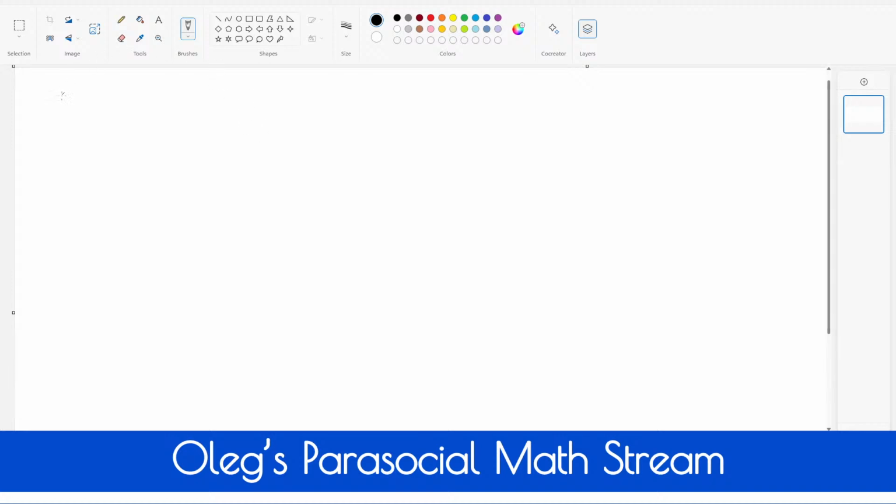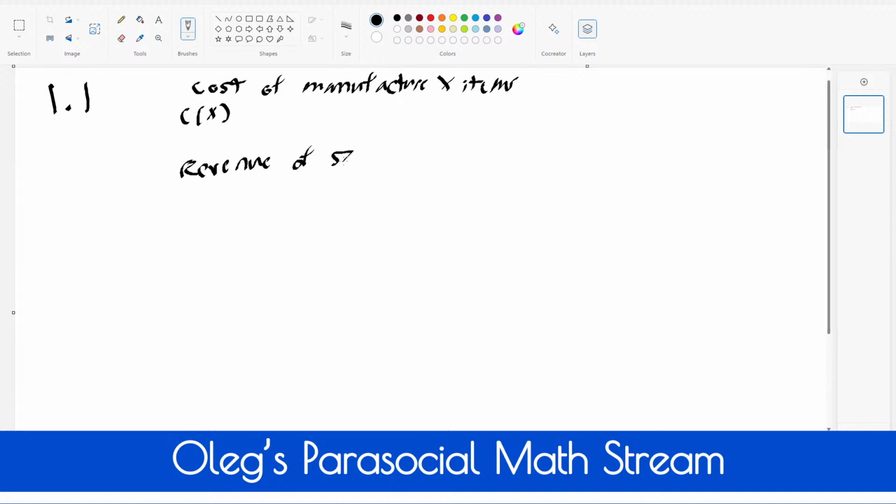we are in 1.1. And so we're going to say c of x is the cost of x items. All right, and then we have the revenue, that's going to be r of x.